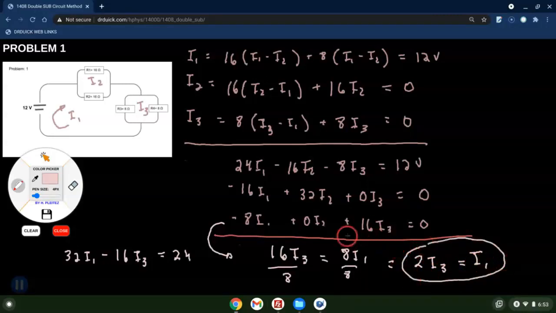So now I'm going to take this and sub it into here, right there. So for everywhere you say 32, I'm going to put 2 I3 minus 16 I3. That's going to be equal to 24. I'm going to erase again.